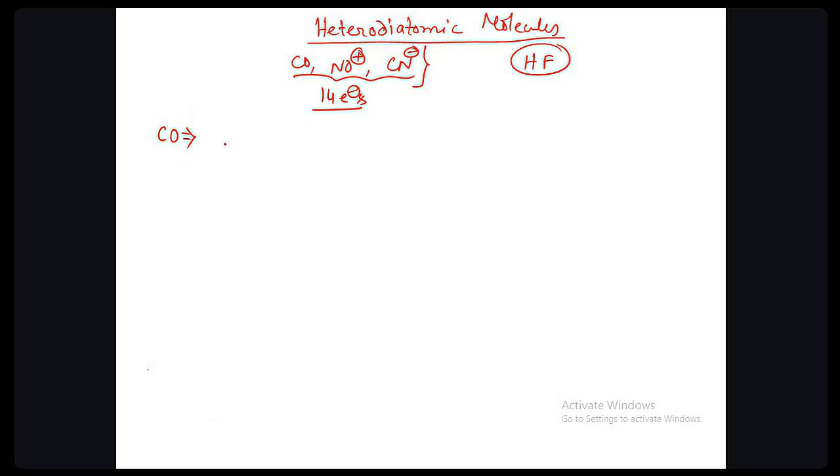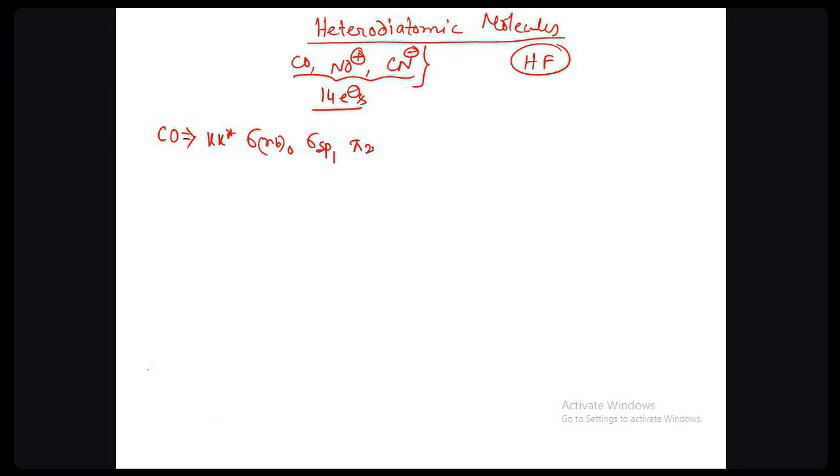For CO, first what we have to remember is KK star. So of 14 electrons, 4 are there. Now 10 electrons are there in the valence shell. So sigma non-bonding of oxygen, then sigma 2p.